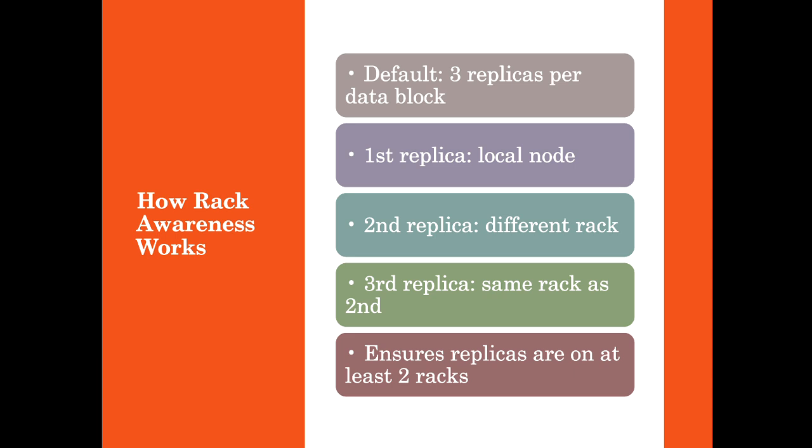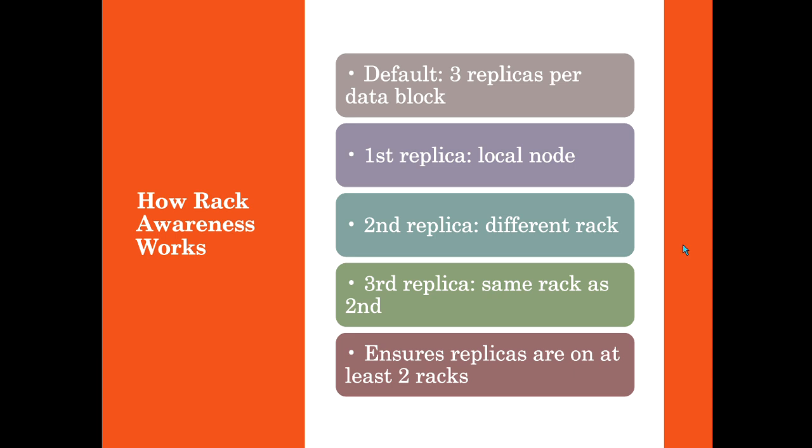So to reduce network traffic during file read and write, the name node chooses the closest data nodes for serving the client read and write requests, and the name node maintains the rack ID of each data node to achieve this. The concept of choosing the closest data node based on the rack information is known as rack awareness.